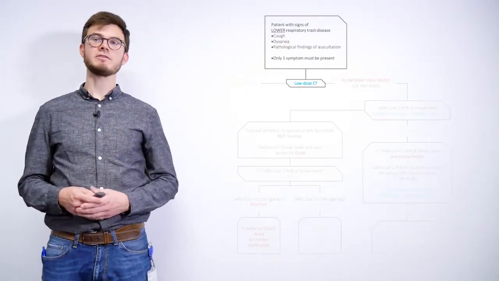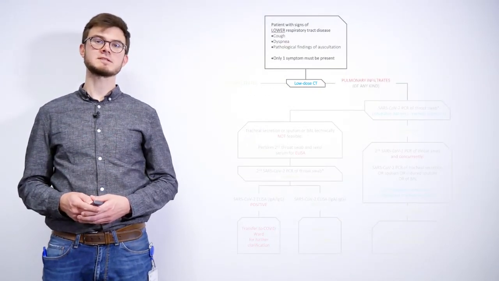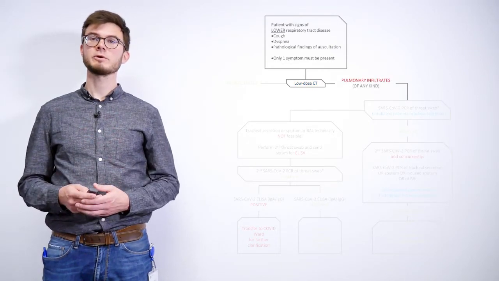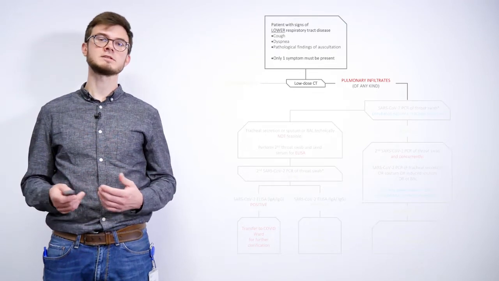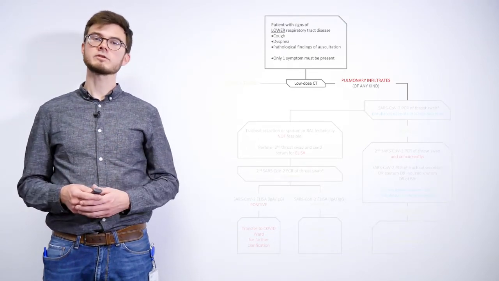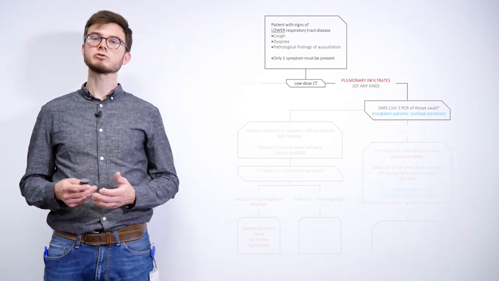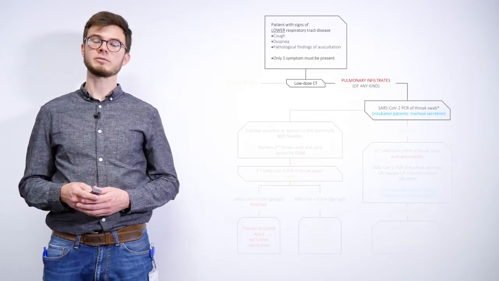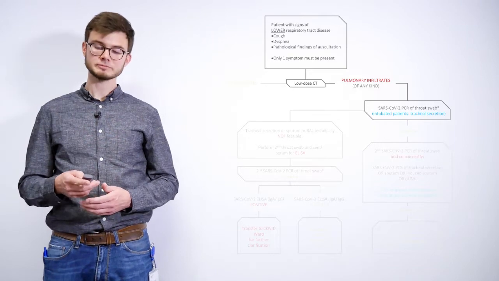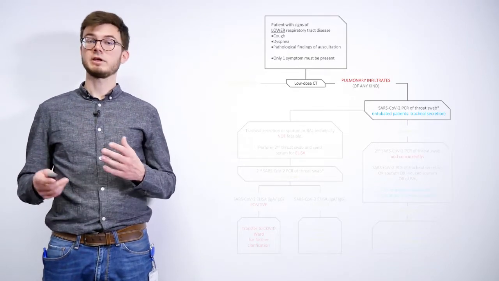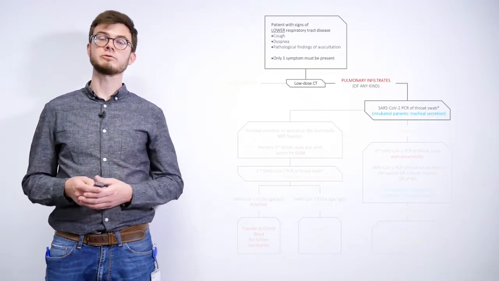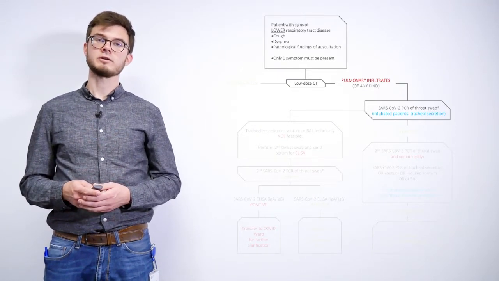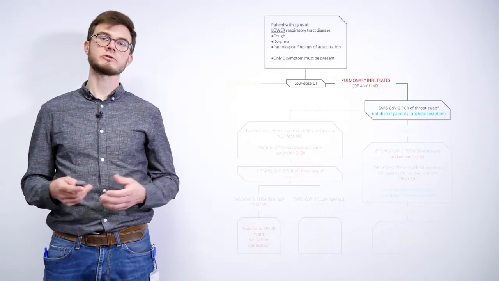If we do have any findings on the initial chest CT, such as lobar infiltration or ground glass opacities, we have to rule out COVID-19 disease further. For this purpose, we perform throat swabs for SARS-CoV-2 as we did before and examine them via PCR at the virology department. Additionally, in the case a patient is already intubated due to respiratory failure, it is possible to obtain tracheal secretion and also perform PCR.